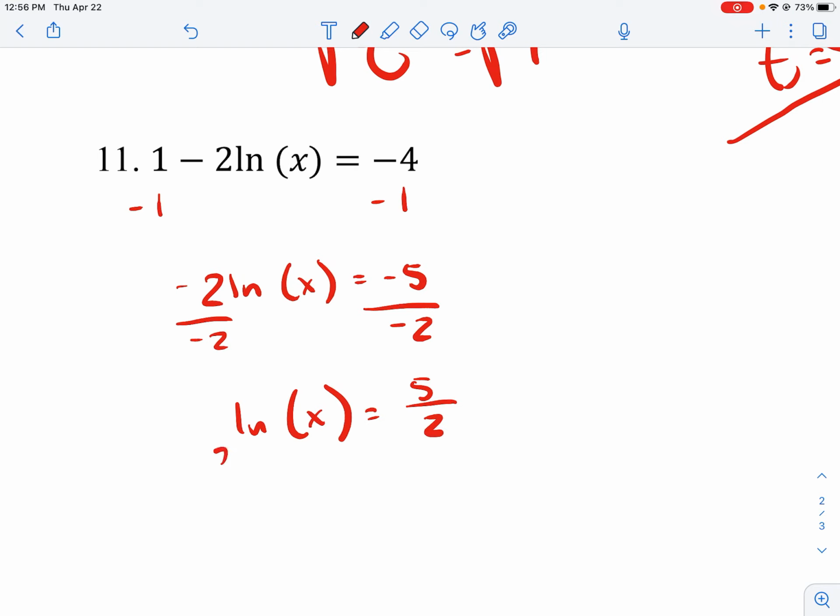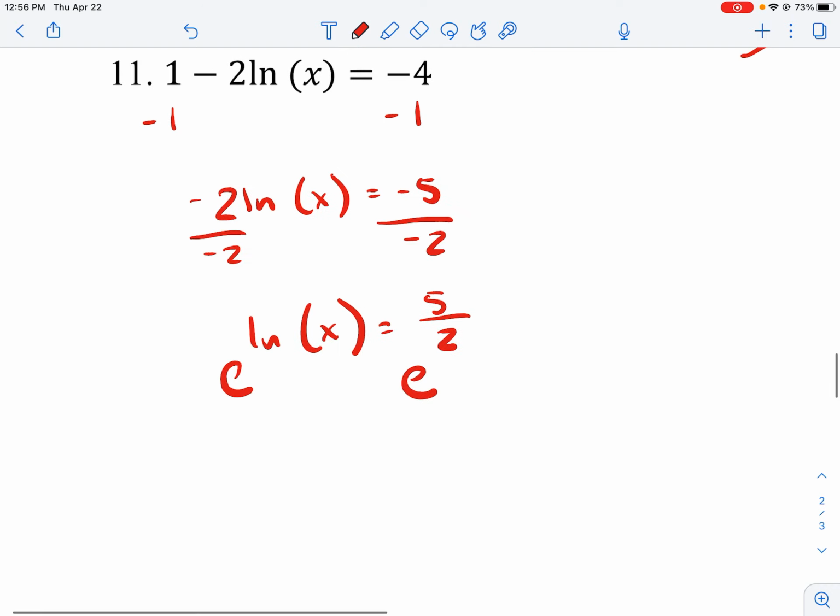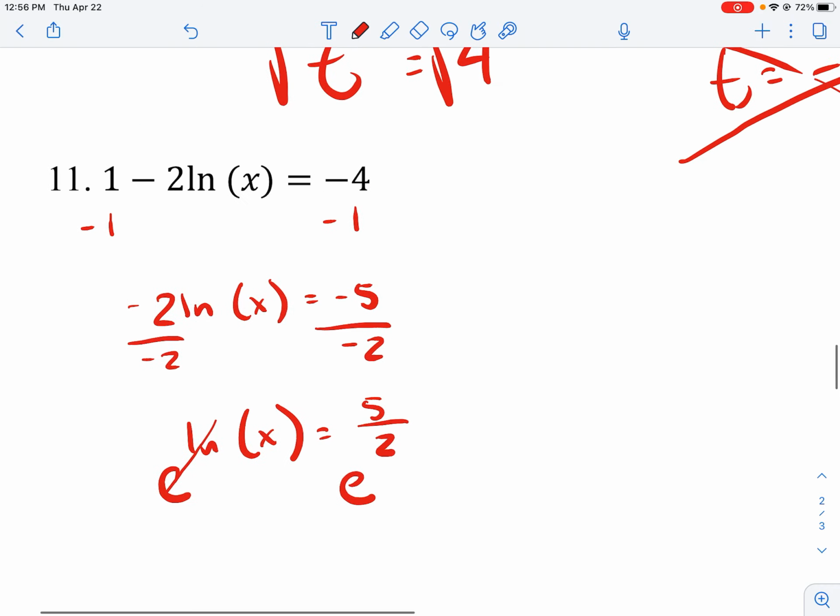And then I'm going to raise both sides to that e, and what that does is it gets that to cancel. And so you're left with x is equal to e raised to the 5/2, which is equal to 12.1825.